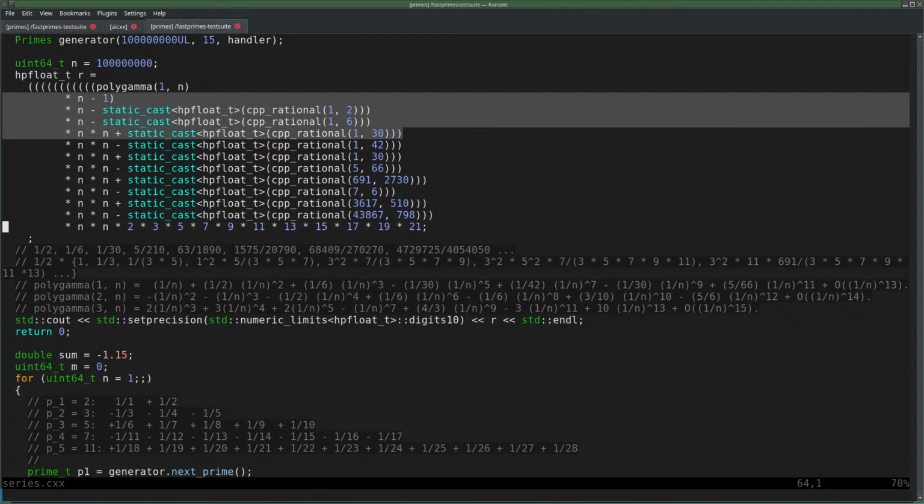And I want at least 100 digits precision. So that means that n has to run to 10,000 then only. Yeah, or 100 million if you want 200 digits precision.